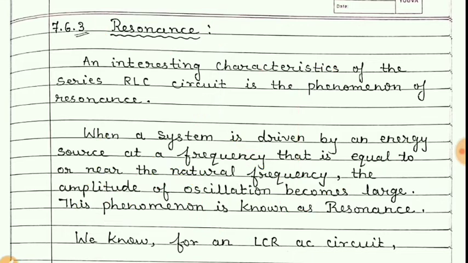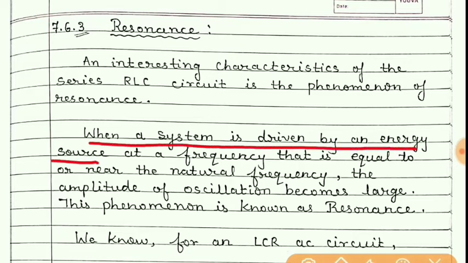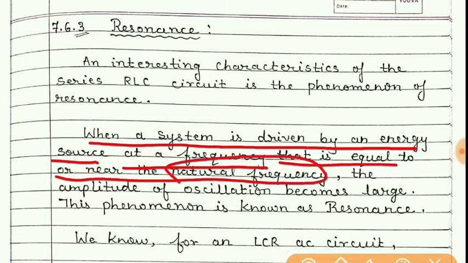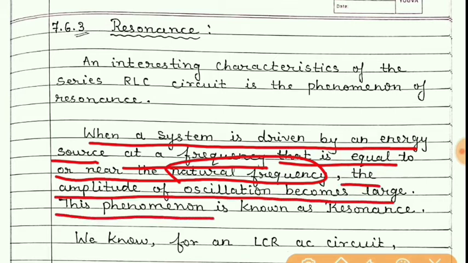So here also, when a system is driven by an energy source at a frequency that is equal to or near the natural frequency, the amplitude of oscillation becomes large. This phenomenon is known as resonance.